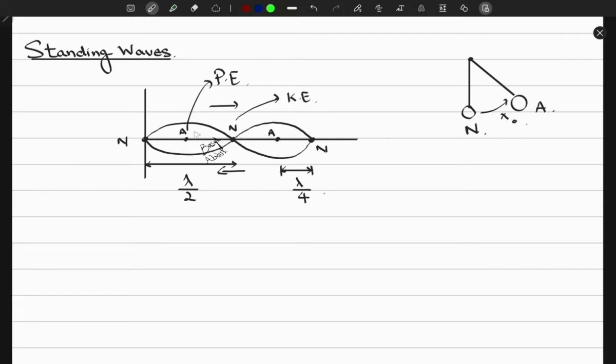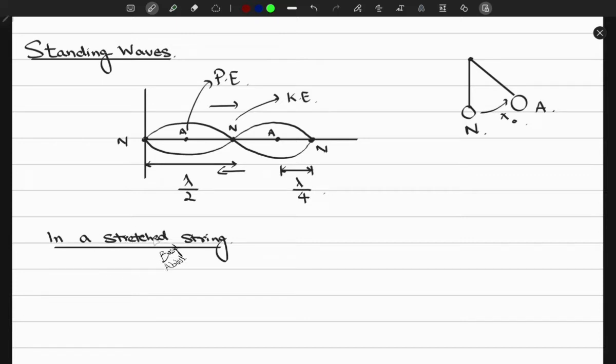It is the same case in this diagram. So at nodes, the energy is stored entirely as kinetic energy, and the total energy must remain the same due to the conservation of energy.